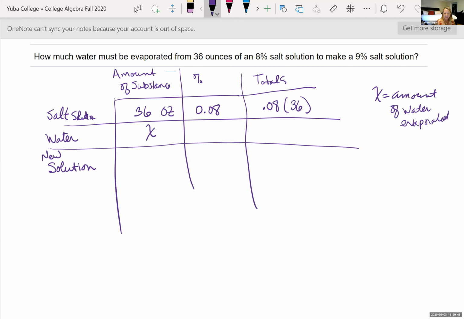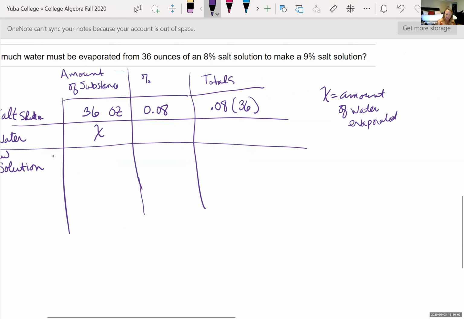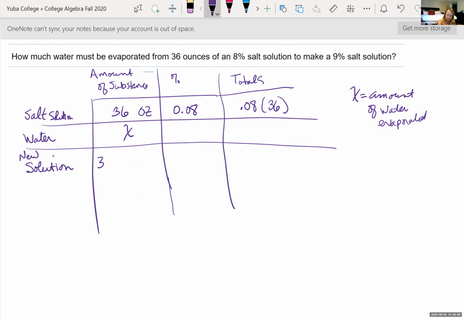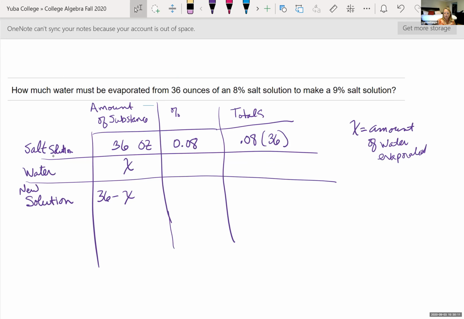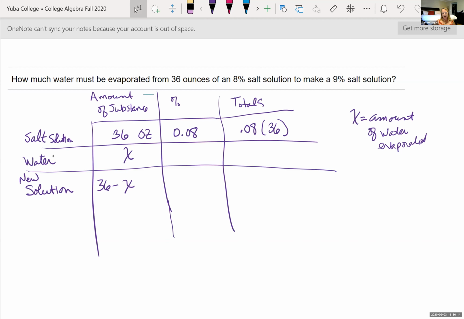Well, if that's the case, then I know that my new solution first had 36 ounces. Now it's evaporated X ounces, and so now my new solution is going to have 36 minus X. So let's go down here for the amount: that is 36 minus X. Well, water, how much salt is in that salt solution?